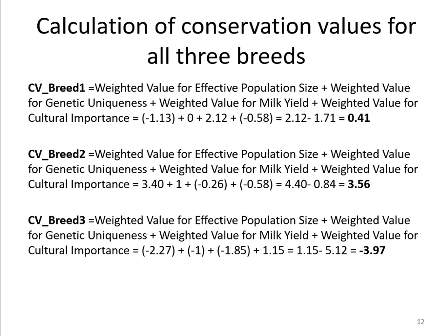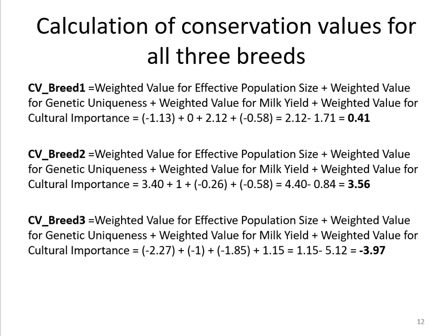From these values we can easily rank the breeds. Breed 2 is ranked number 1, breed 1 is ranked number 2, and the least important breed for conservation is breed 3 according to our criteria.